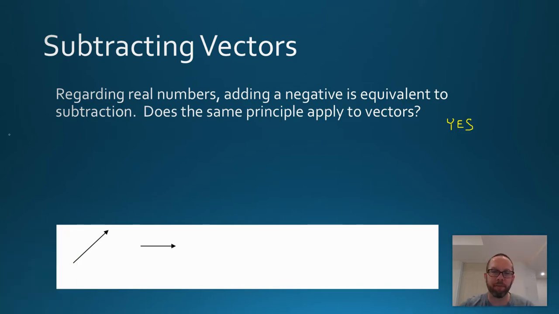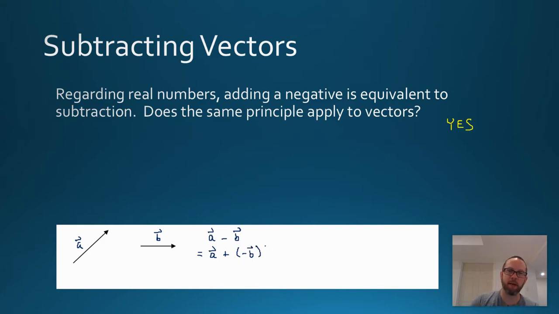Let's say I have vector A and I have vector B, and I'm interested in drawing vector A minus B. So just like with numbers, I can rewrite that as vector A, and I can add the opposite, plus negative B.